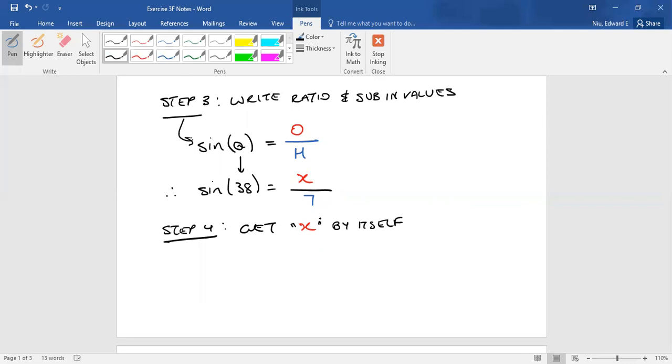So here we've got sine 38. Now the 7 gets chucked to the other side, but instead of dividing, we have a multiplication. And now on the right side of the equation, the x is by itself.